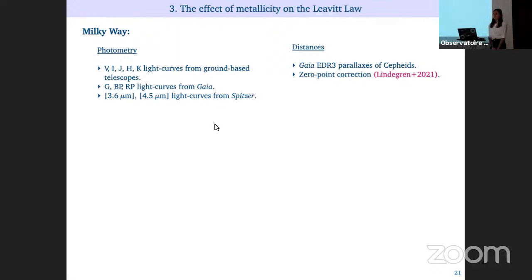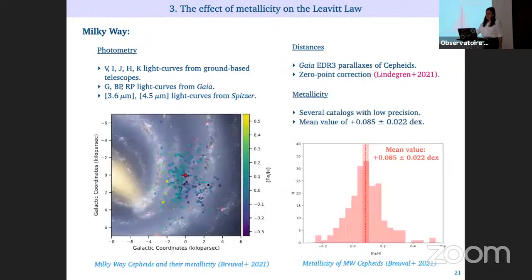For the distances, I adopted Gaia EDR3 parallaxes directly and corrected them for the 0 point. And for the metallicity, I found several catalogs that I combined to adopt individual metallicities with an average of a little bit higher than solar metallicity. And the spread is 0.4 dex for all Milky Way Cepheids.